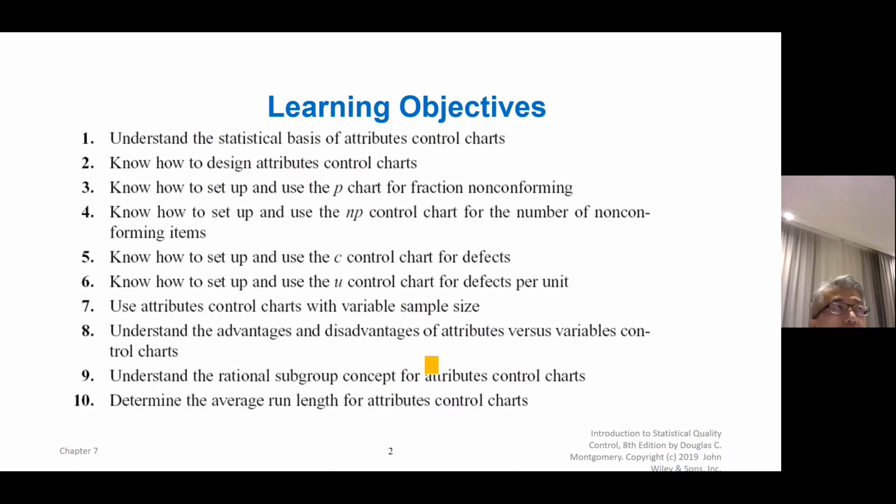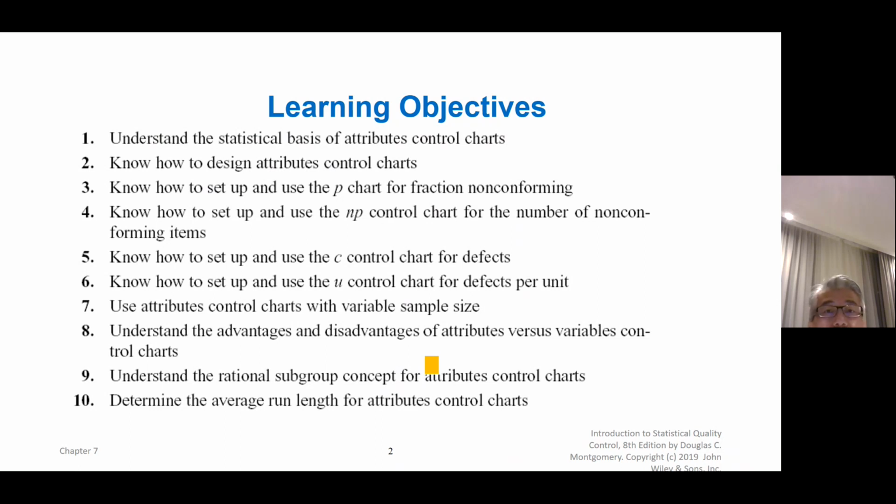Those variables are considered categorical or attribute-type variables. This is in contrast with the comparison between digital and analog in the digital transformation process. Also, know how to design attributes control charts, and know how to set up and use a P chart.